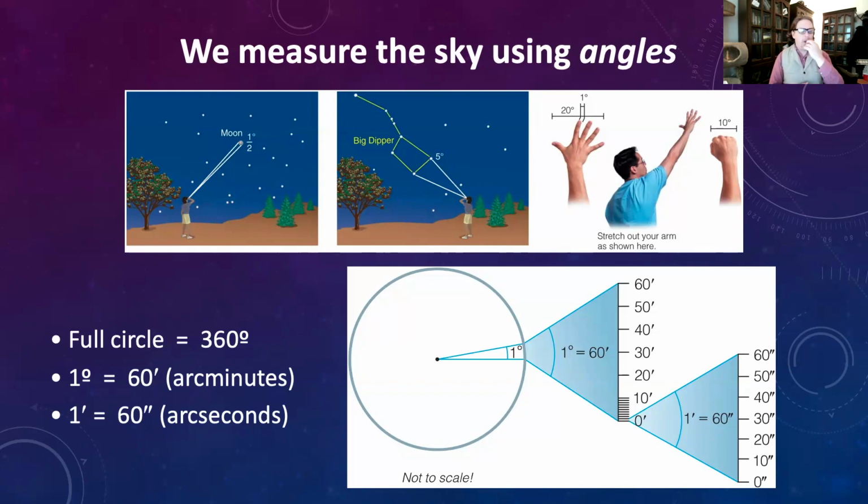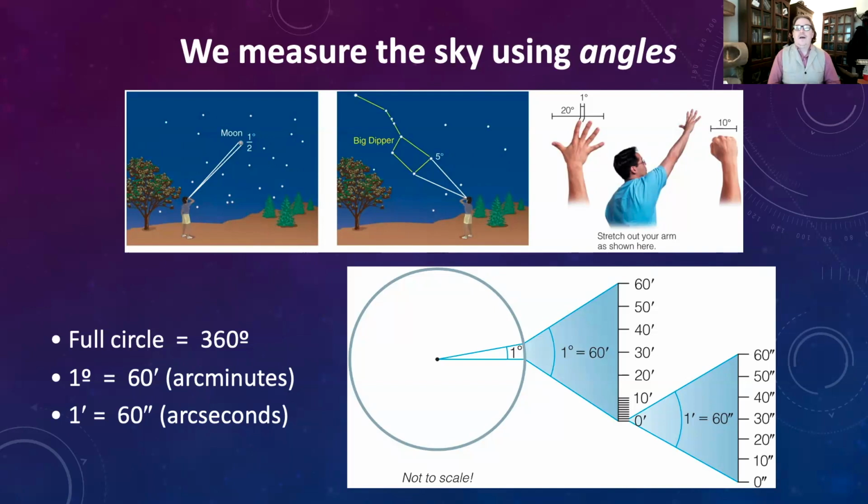The two pointer stars, as I call them, in the Big Dipper are about 5 degrees apart from each other. They're called the pointer stars because if you take the two stars and draw a straight line through them into the north, the next reasonably bright star you see is Polaris, the North Star.